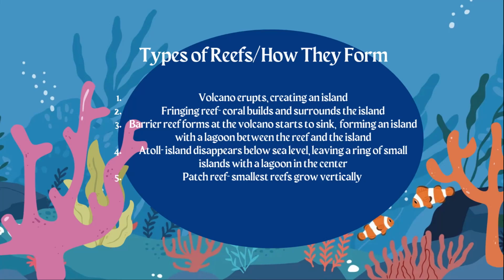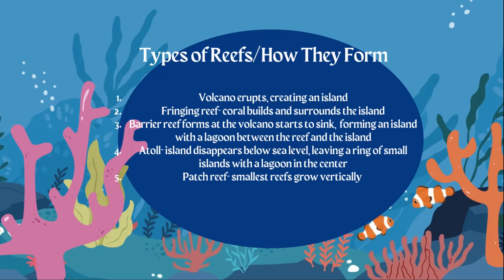But remember, just like the previous slide, we need to have the best conditions for the reef formation. So a fringing reef is going to surround the very outskirts of the island. Then, of course, the volcano is no longer erupting, so there's no more land being built on this island.